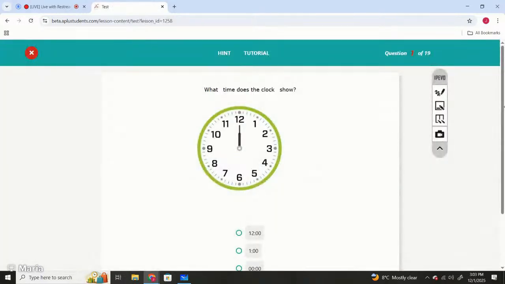What time does the clock show? So the shorter hand and the longer hand, they both are pointing to 12, right? So that means it is 12 hours and 0 minutes.